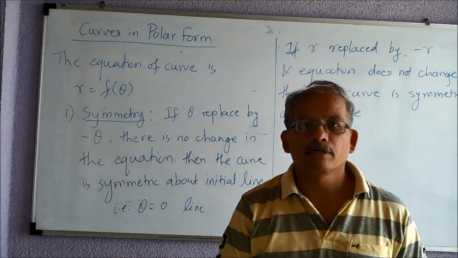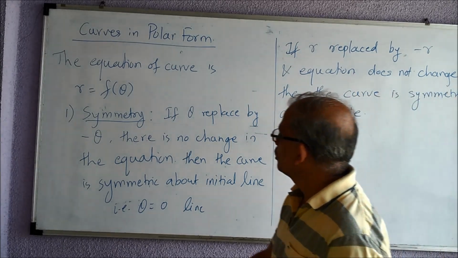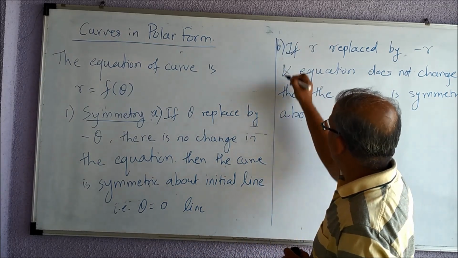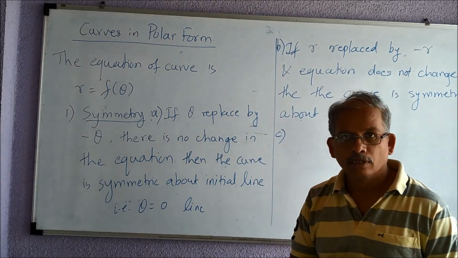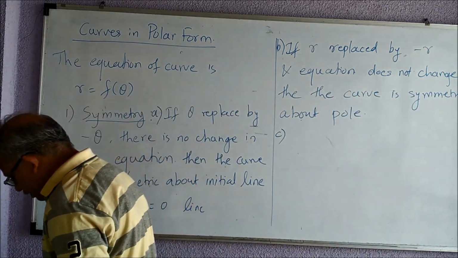The curve is symmetric about the pole. So this we will call the A part, this is the B part of symmetry, and now the C part, the theta equal to pi by 2 line. So the rule is like this.